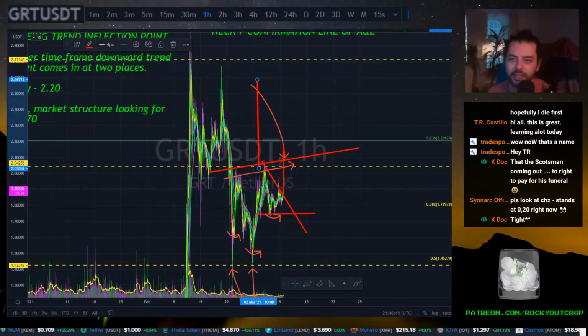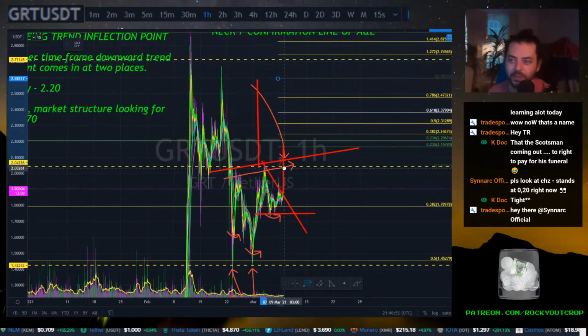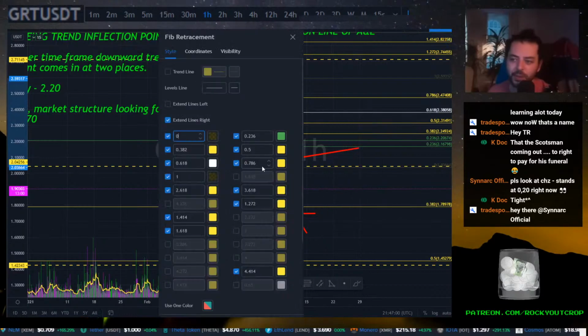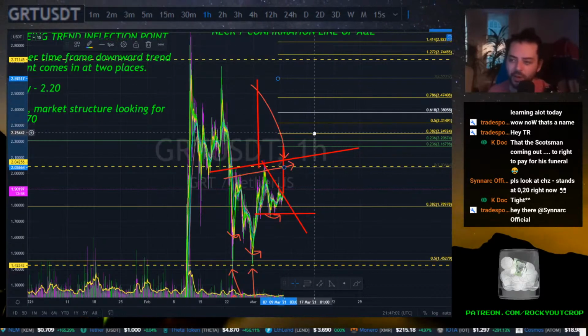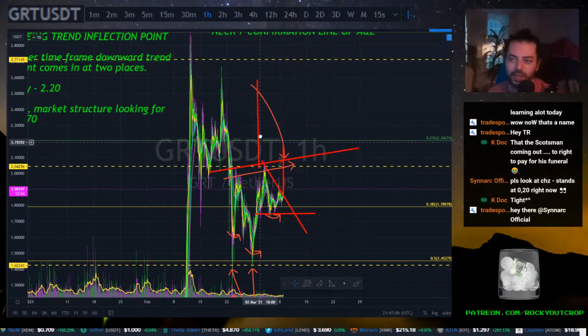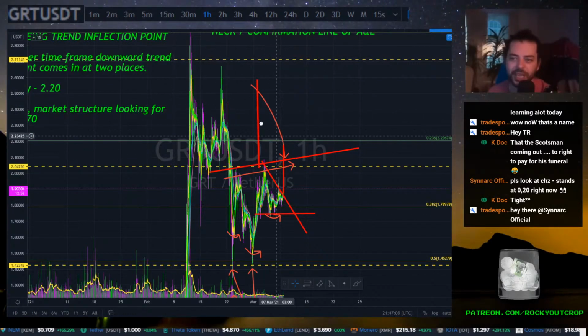As well, let's quickly point out that in terms of the textbook of these things, you're looking for the 60% area, and that means it's actually taking up towards 230. So the textbook measured move off of the head and shoulders would take you up towards this area of liquidity.